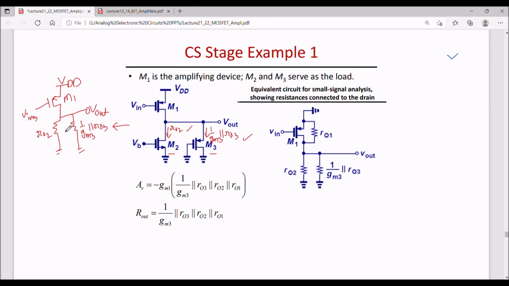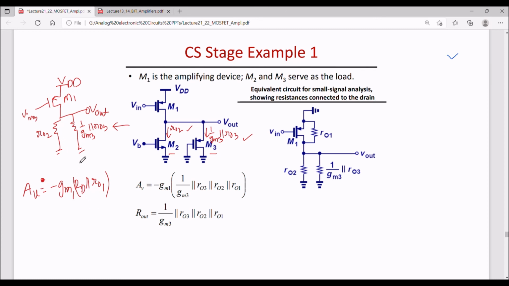So this is common source with drain resistance, and the gain can be written for this circuit. For common source the gain is minus GM RD parallel to R0, or minus GM1 RD parallel to RO1. So this is the total gain for this circuit.